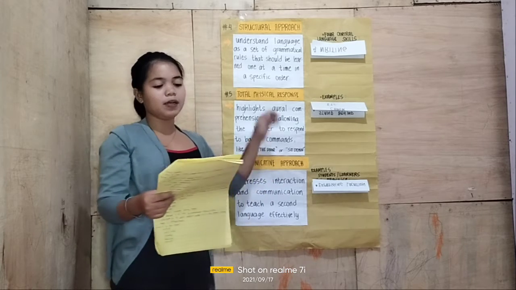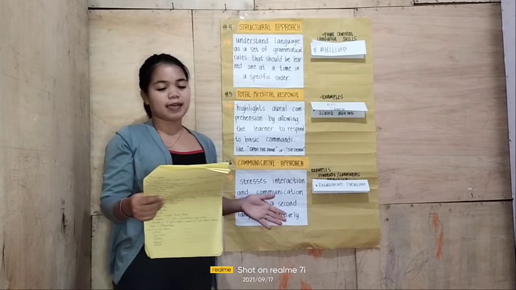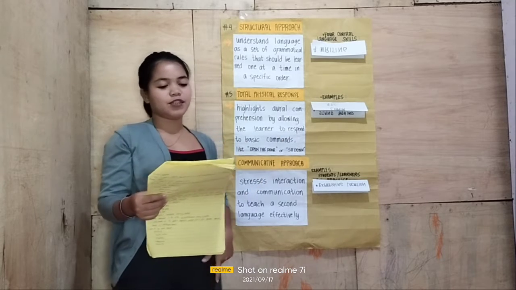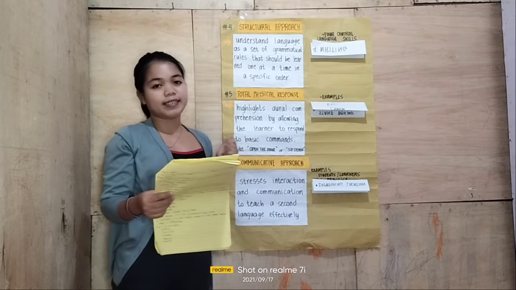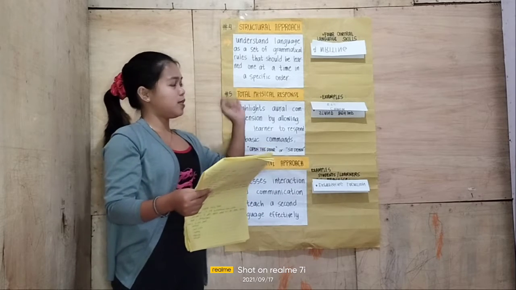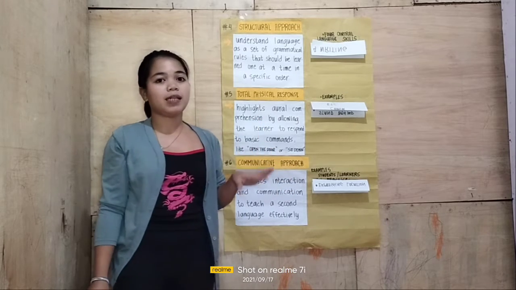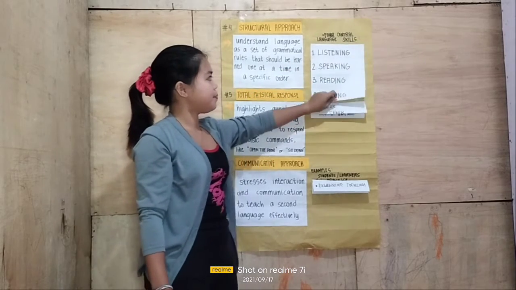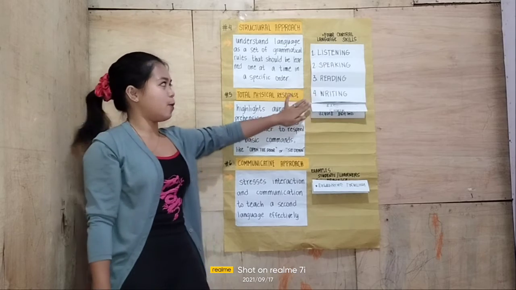An example of this approach is teaching the present tense of a verb like to be, before progressing to more advanced verb tenses like the present continuous tense that uses to be as an auxiliary. The structural approach teaches all 4 central language skills, and that includes listening, speaking, reading, and writing.